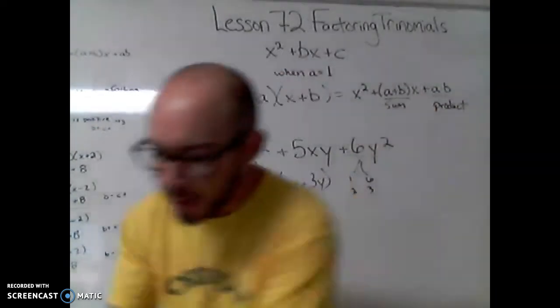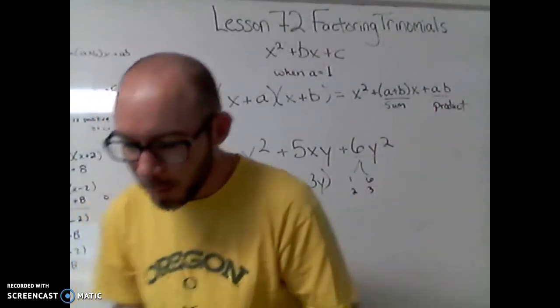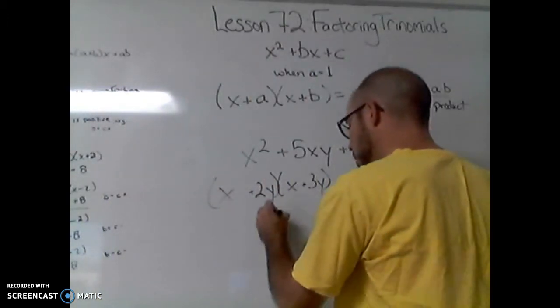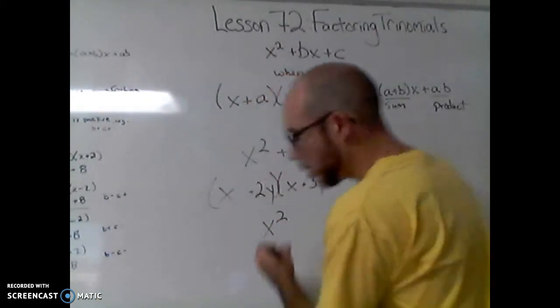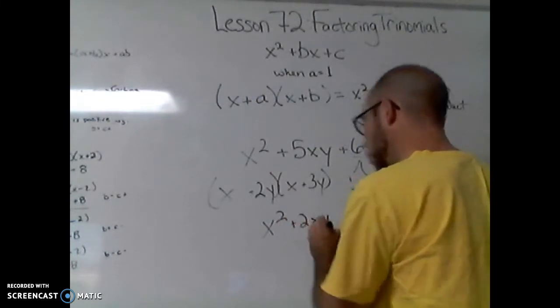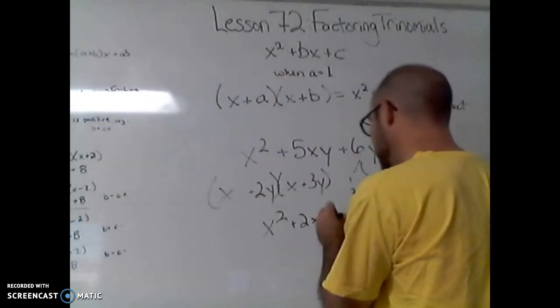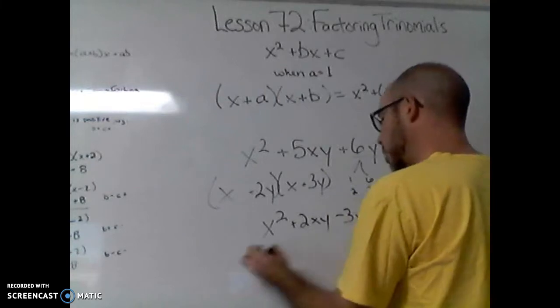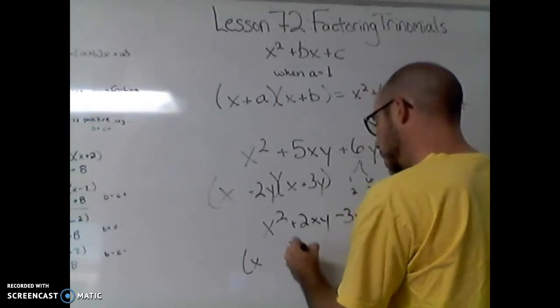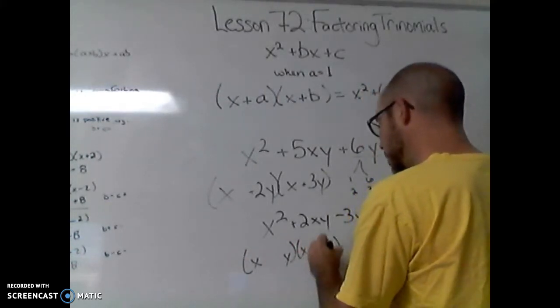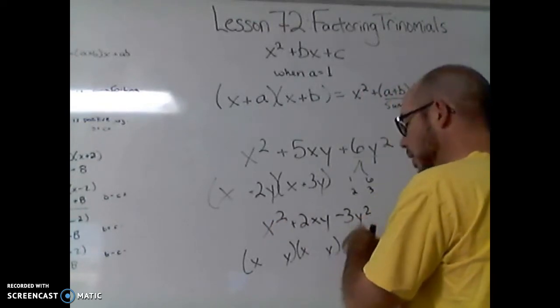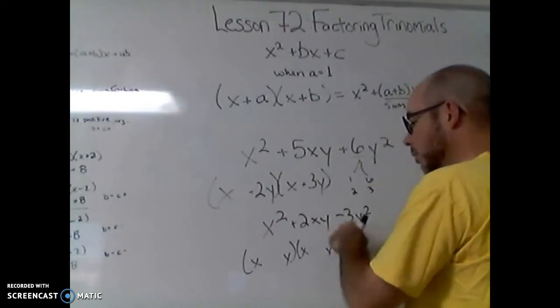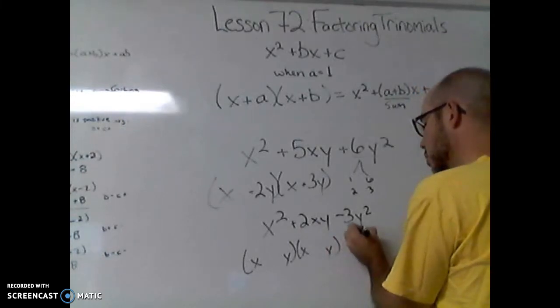Even in one of the other examples, they put a negative in the back. Now to have this one, x squared plus 2xy minus 3y squared. We still know that there's going to be x's in the front and y's in the back because it's x squared and we got a y squared. We would need to take the -3 and figure out how it sums to positive 2.